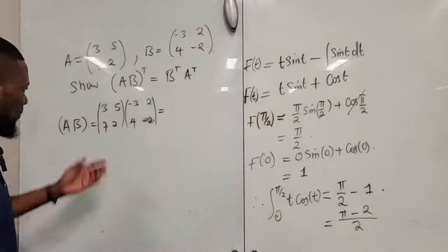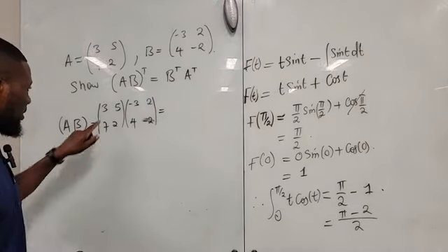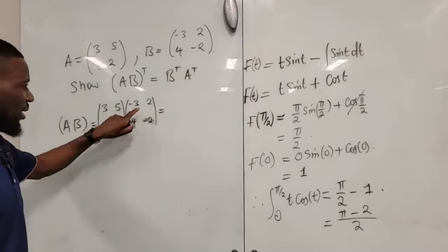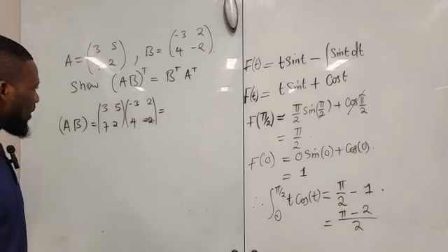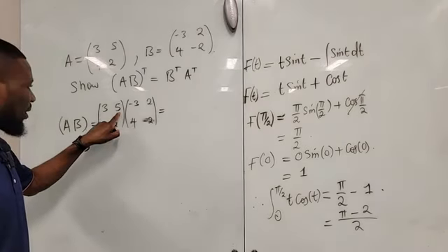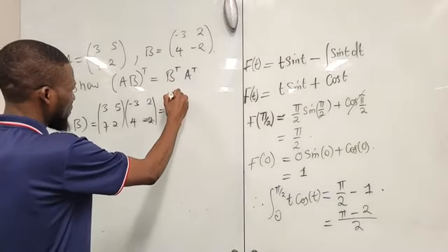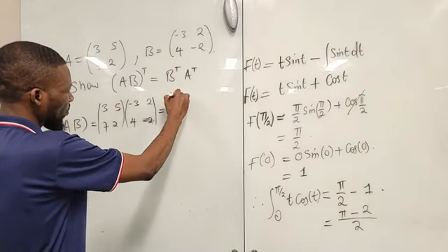All right, so we can take the product. You can see that this is 3 multiplied by -3, which is -9. Then -9 plus 20, right? That should give us 11.